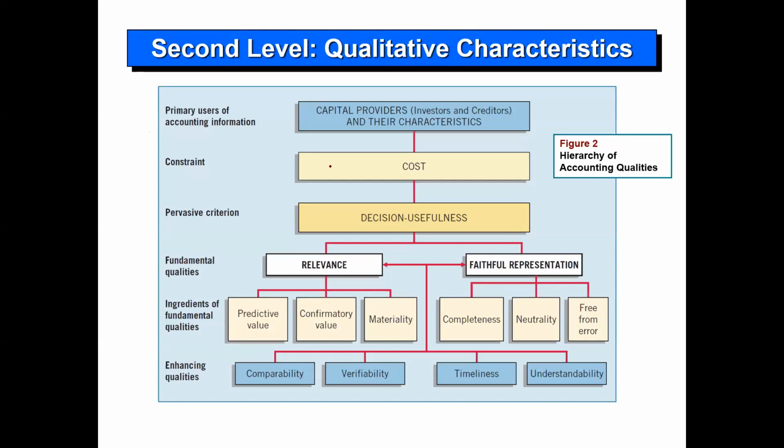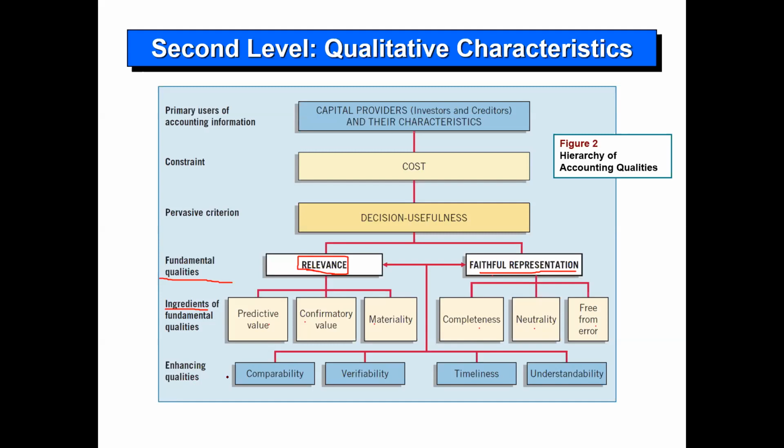يبقى actually first skip that now qualitative. This is the figure for the qualitative information. He is saying that we have fundamental qualities, relevance, and faithful representation. And every one of the fundamental quality has 3 components, 3 ingredients. يعني in order to have a relevant information, you have to achieve these 3 ingredients. In order to have faithful representative information, you have to take into consideration these 3 ingredients.